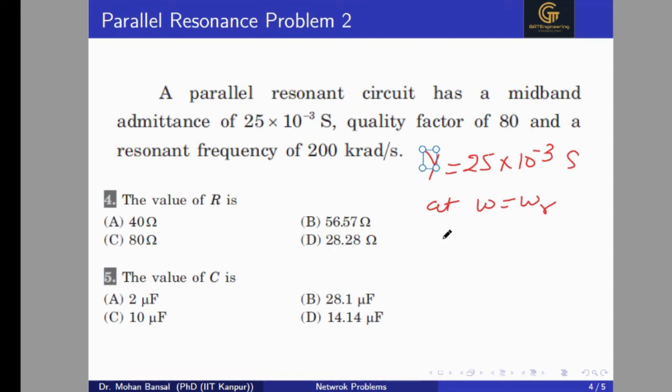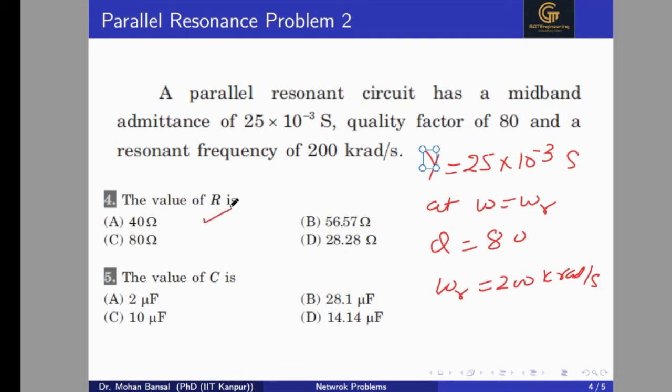The quality factor is also given, which is 80, and the resonance frequency is given as 200 kiloradian per second. We have to find the value of R and C in this problem, and we recall the formula again. What formula can we use here to find the value of R and C?